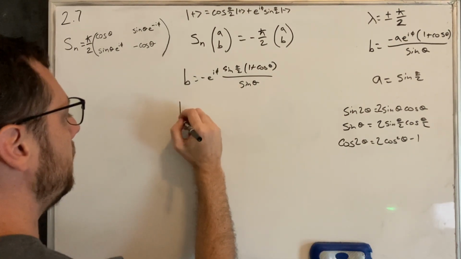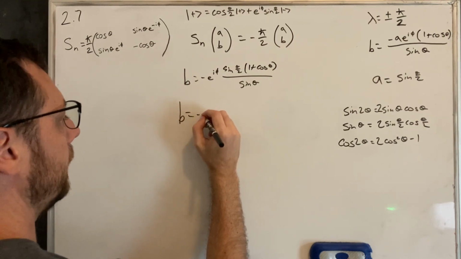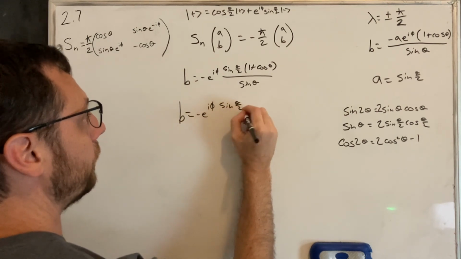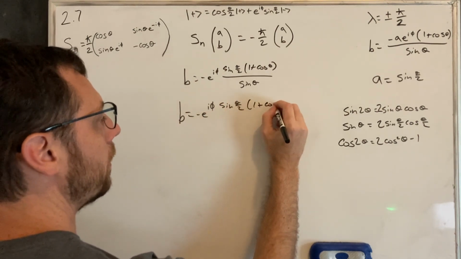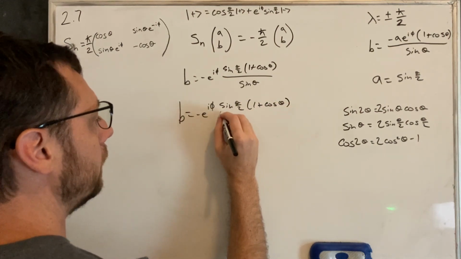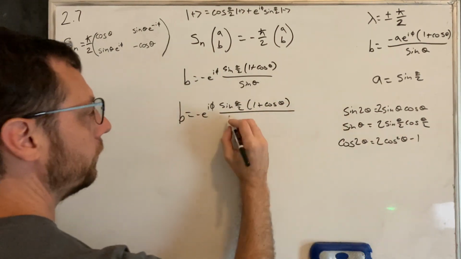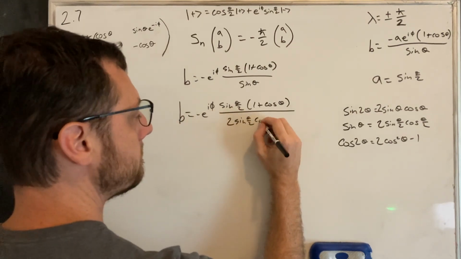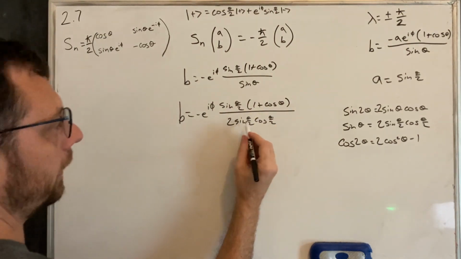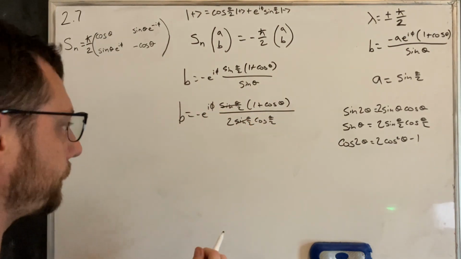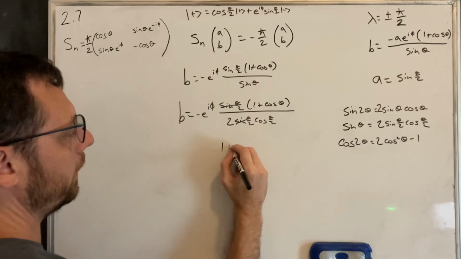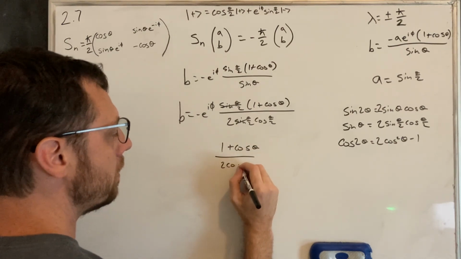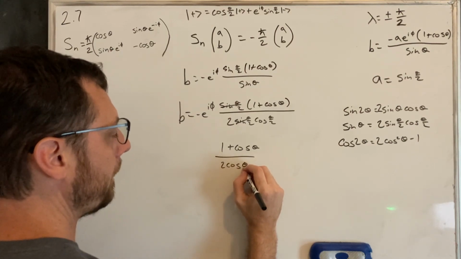Let's swap out our sine theta here. So b equals negative e to the i phi, sine theta over 2, 1 plus cosine theta, all over 2 sine theta over 2 cosine theta over 2. We can cancel out the sine theta over 2. Then we have 1 plus cosine theta over 2 cosine theta over 2.